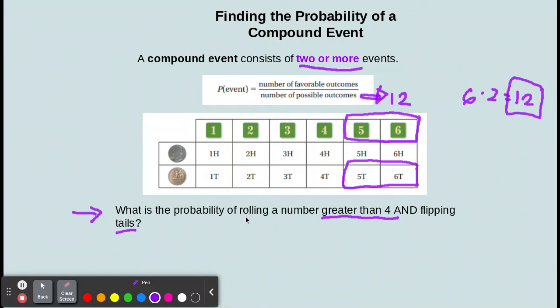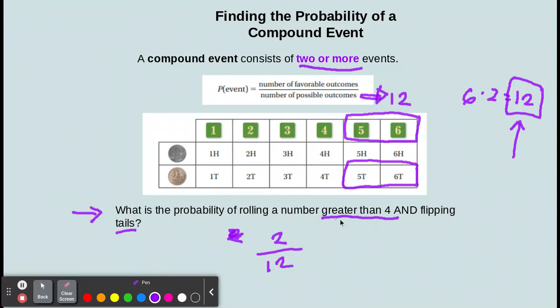Only 2, right? We can roll a 5 and get a tail, or we can roll a 6 and get a tail. So there's only 2 favorable outcomes out of the total number of 12 that we calculated using our fundamental counting principle, right?